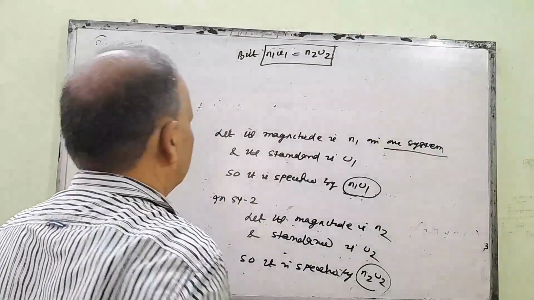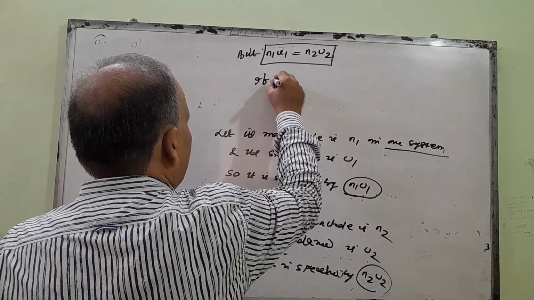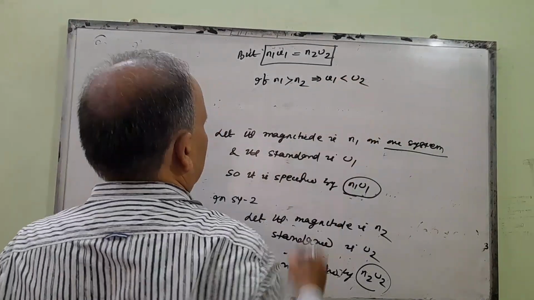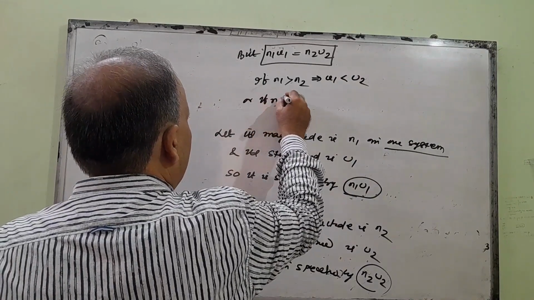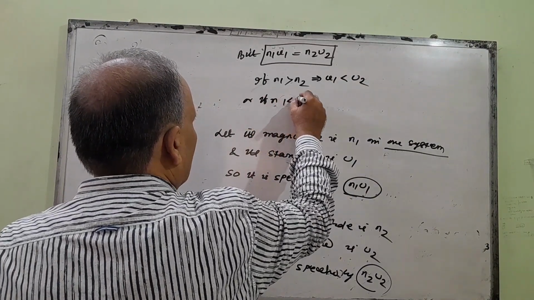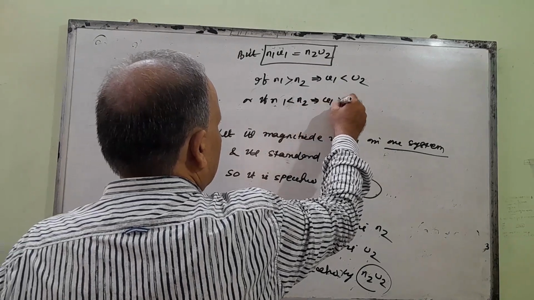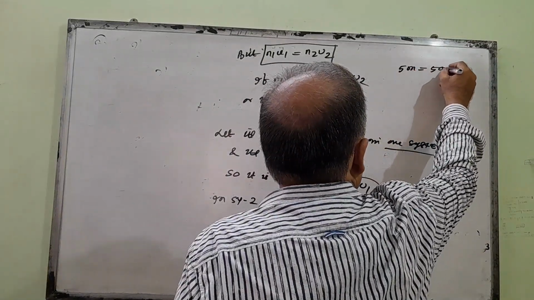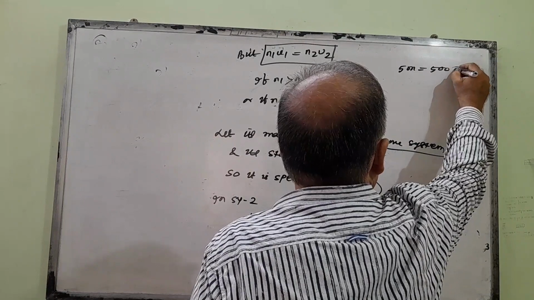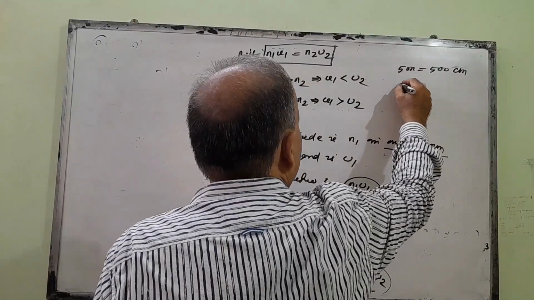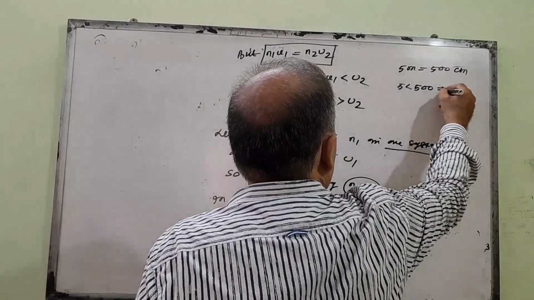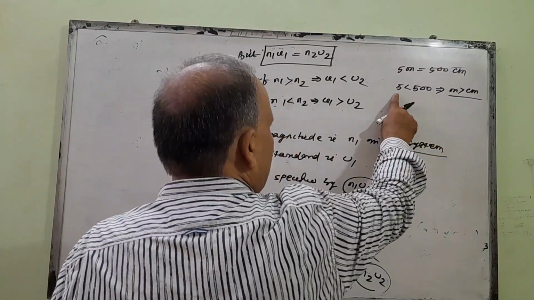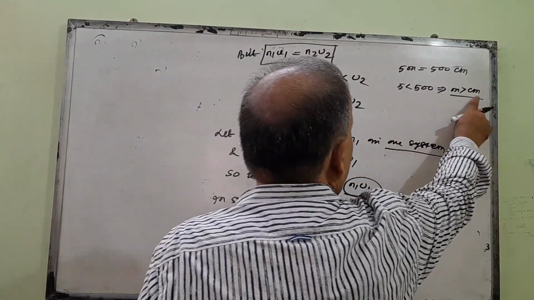You see one thing, if N1 is greater than N2, this implies that U1 is less than U2. Or if N1 is less than N2, implies that U1 is greater than U2. Suppose you see 5 meter is equal to 500 centimeter. You see 5 is less than 500, this implies that meter is greater than centimeter. It is true or false? It is true. 5 is less than 500, so we can say meter is greater than centimeter.